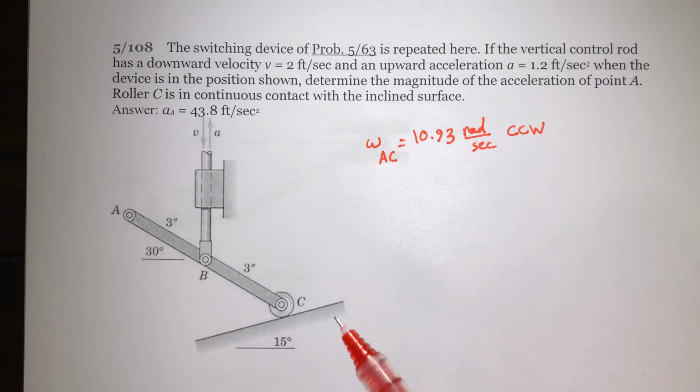We need to see what else do we know about this mechanism. So look at point C. Point C, we know the velocity and acceleration of this point must be along this incline, right? So we have a piece of information here and we need to use it to find, for example, the alpha of this bar.